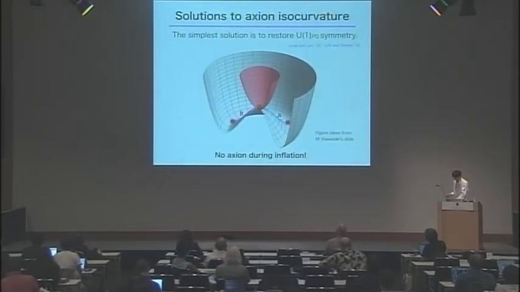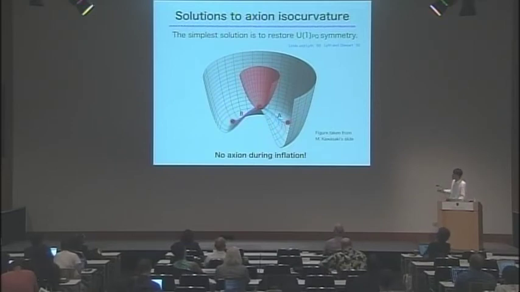So there are a couple of ways to avoid the axion isocurvature constraint. The simplest one is to assume the Peccei-Quinn symmetry was restored during inflation or sometime after inflation. Then there's no axion during inflation, so there's no isocurvature perturbation.